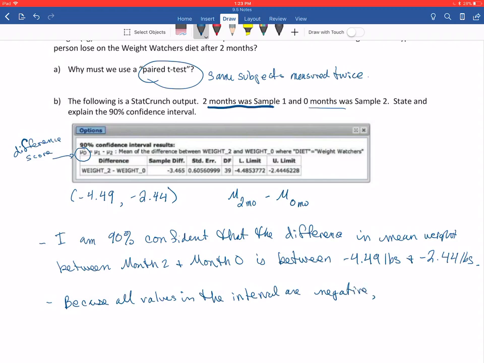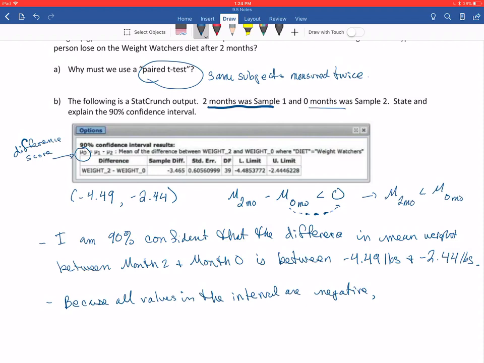Well, we were doing month 2 minus month 0, and we were getting negative numbers. So if we were to move this over here, that statement we would then be making is that the mean of 2 months is less than the mean at 0 months.